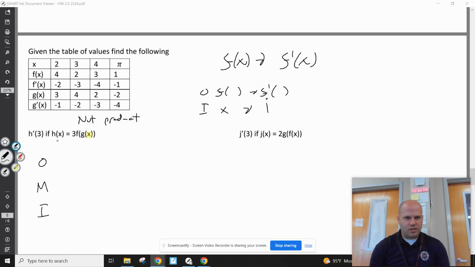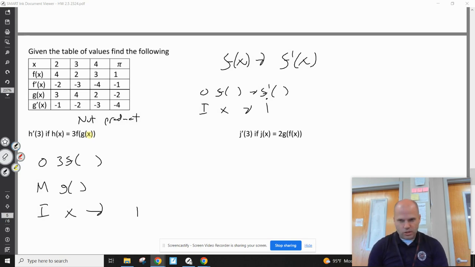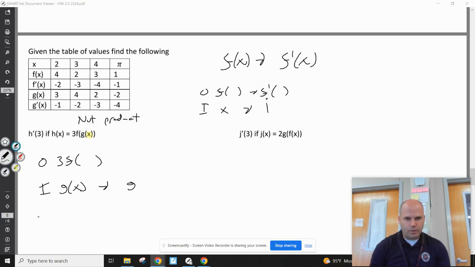OMI is how we handle this. This is not a product. 3F, G, and then X. The derivative is just 1. I don't need this I. Okay? It won't change anything. As long as you know that G of X's slopes are G prime of X, you're fine.